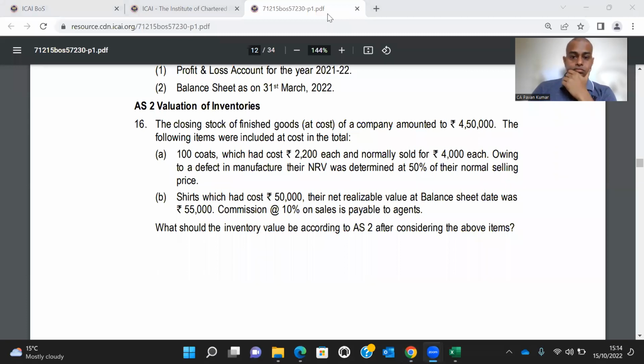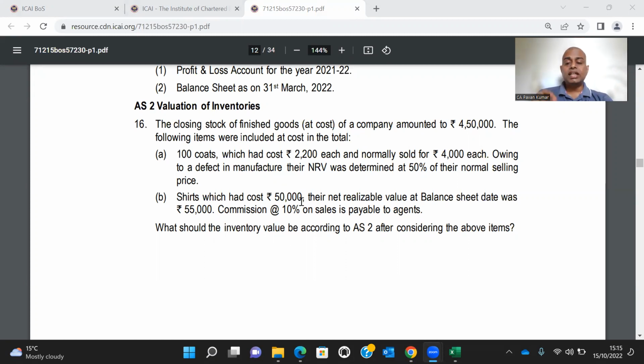Shirts which had cost 50,000. Their net realizable value at balance sheet date was 55,000. Commission at 10% on sales is payable to agents. What should the inventory value be according to AS2 after considering the above item? So is there any trap here?